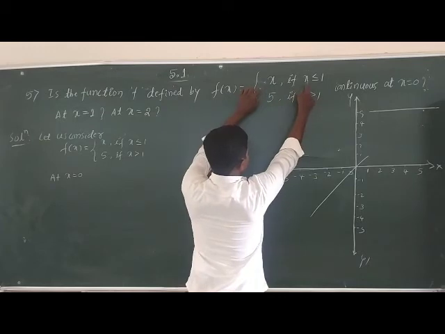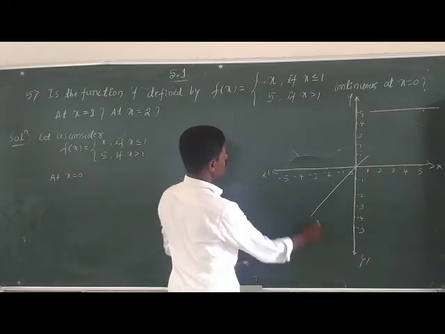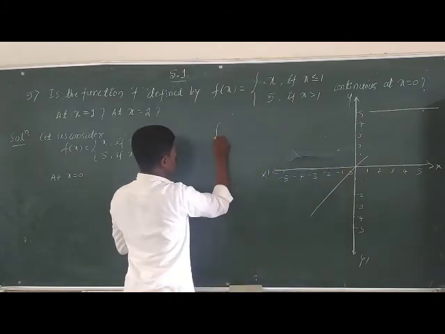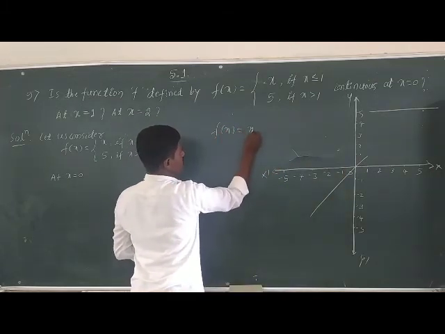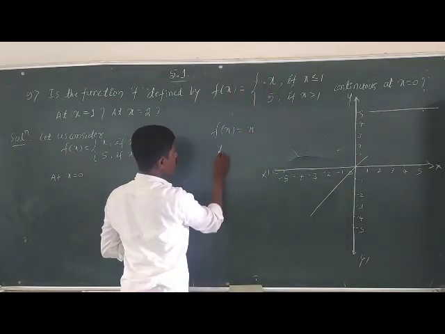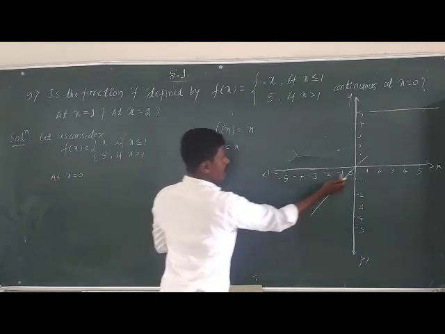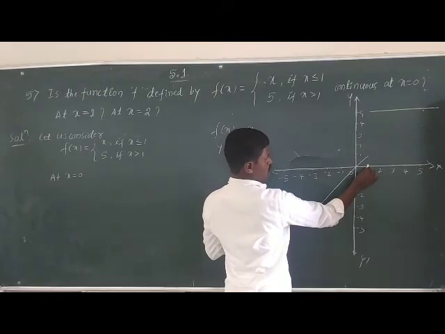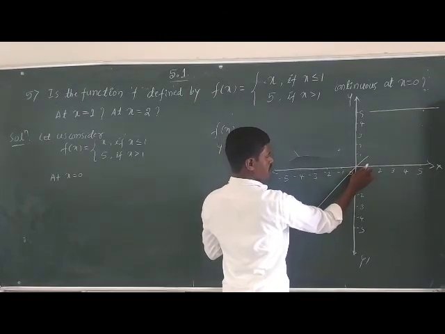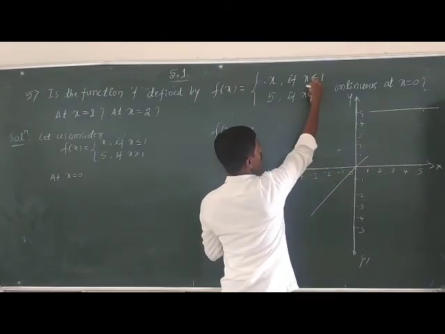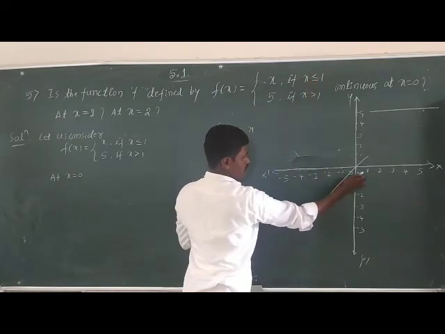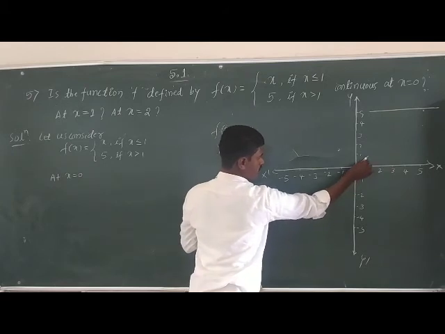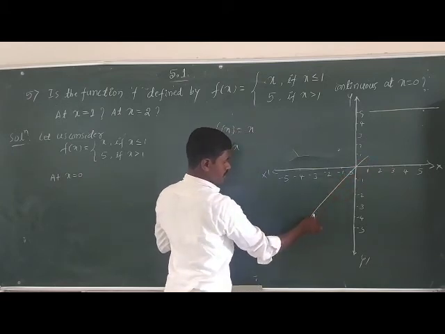When the value of x is less than or equal to 1, the function is the identity function, because f of x equals x means y equals x. For any value of x, you get the same number. If you put x equals 1, you get y equals 1. For any value of x less than 1, the function is the identity function.